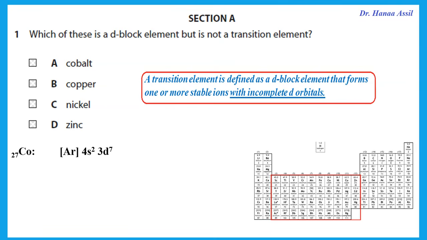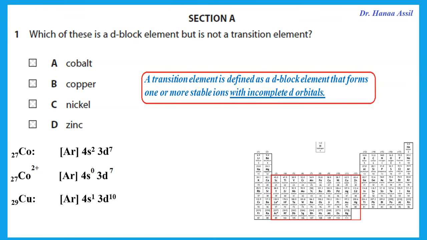So let's take a look at cobalt. Cobalt originally is 27, so that's 4s2 3d7. If it forms a stable ion like +2, this still has incomplete 3d orbitals. Remember that when we remove electrons, we remove from the 4s first.